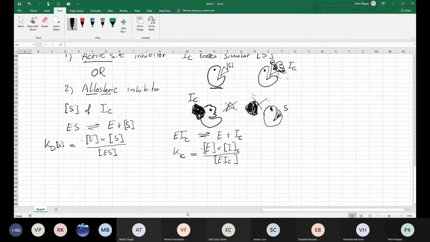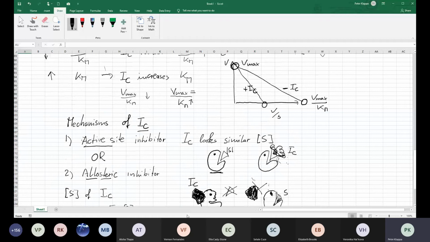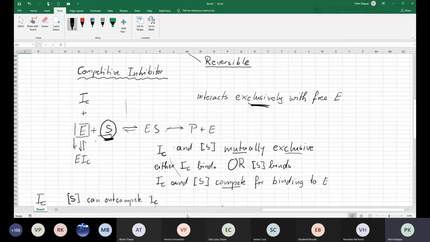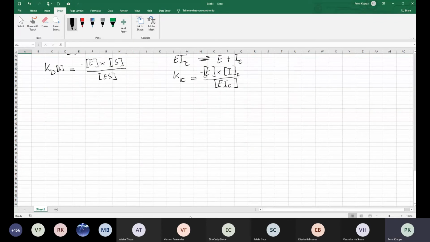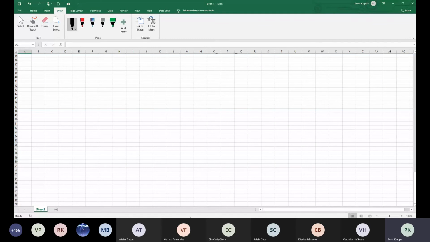Now, this is our competitive inhibitor. Let's go up quickly. We said the competitive inhibitor binds exclusively to the free enzyme. You see this here. Okay, let's go for another type of inhibitor. I know you have been dying to find another kind of inhibitor.